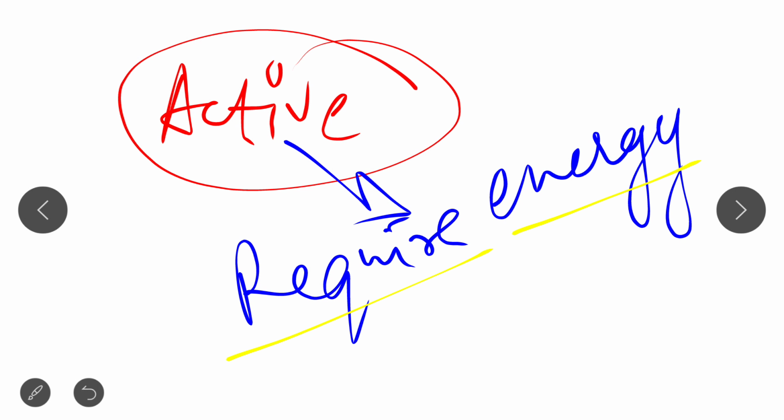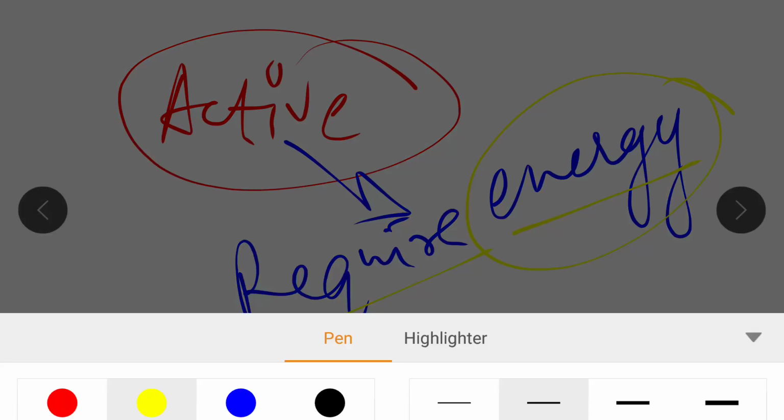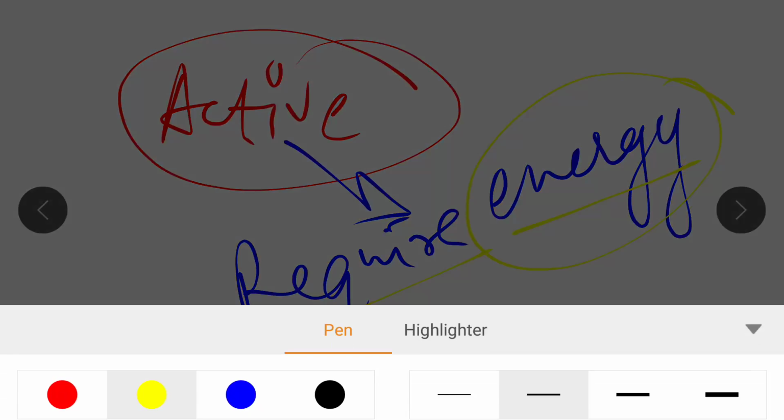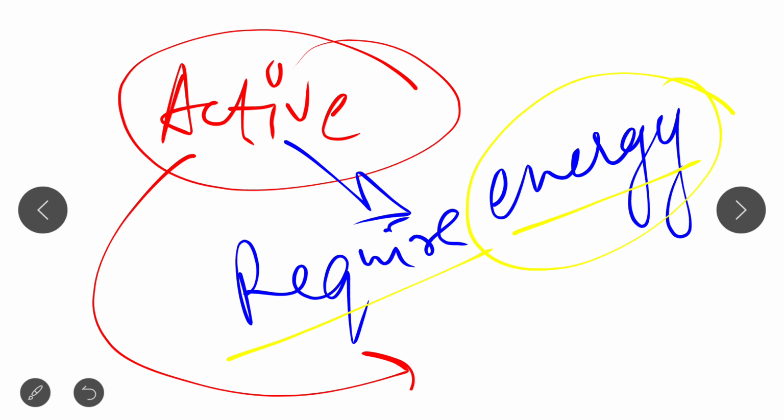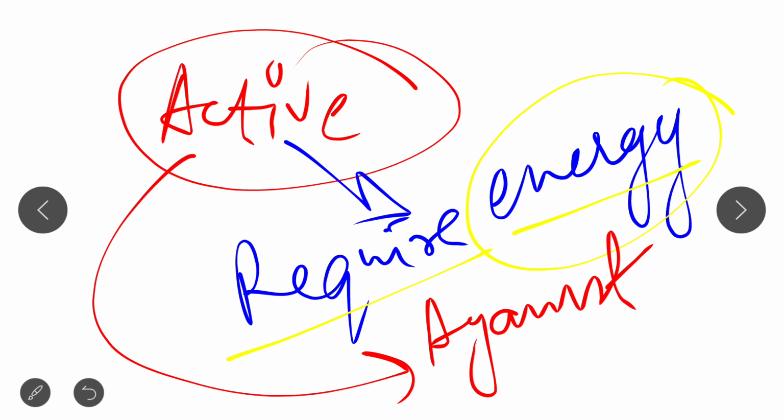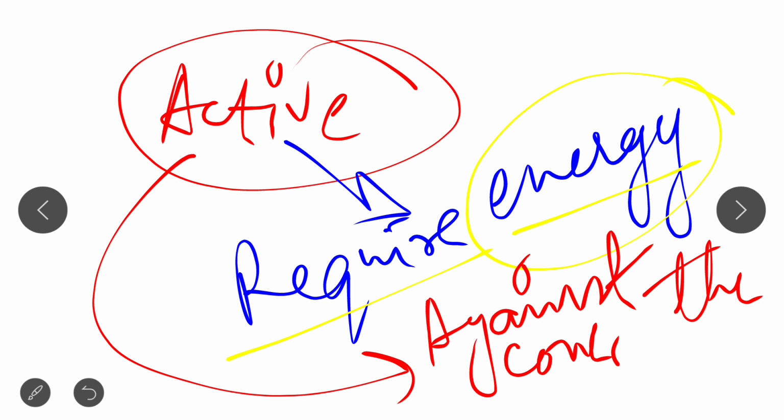Clear? And in case of passive transport, energy is not required. The transport is there, but it is along the concentration gradient. But in case of active transport, the transport is against the concentration gradient.